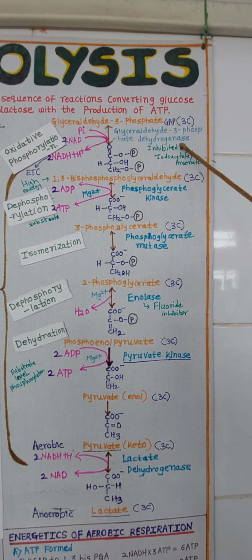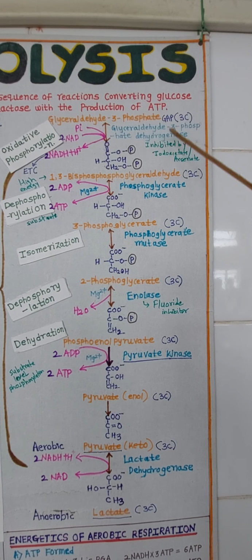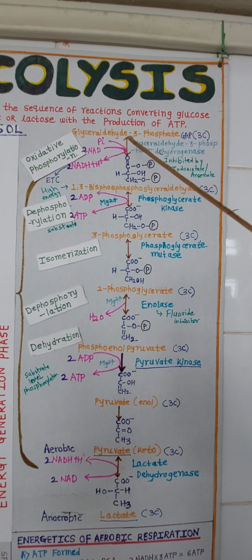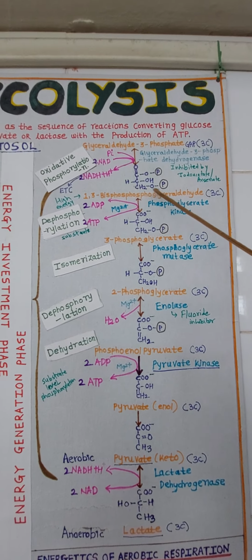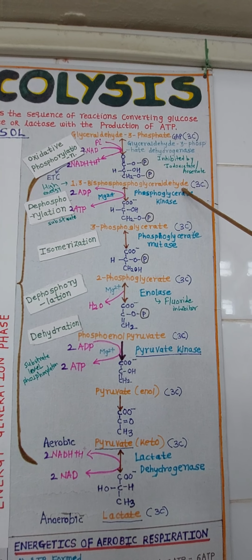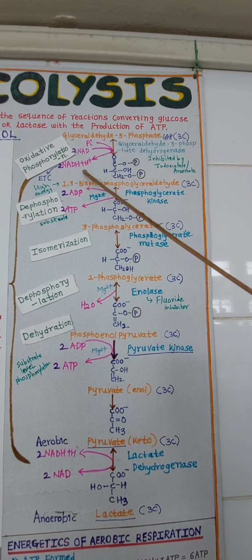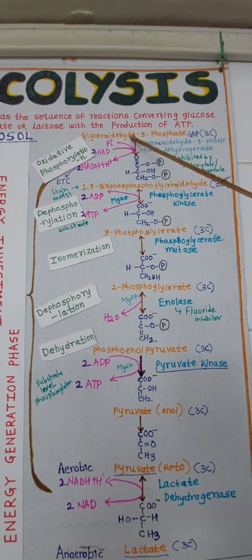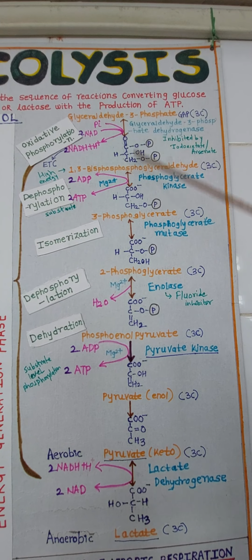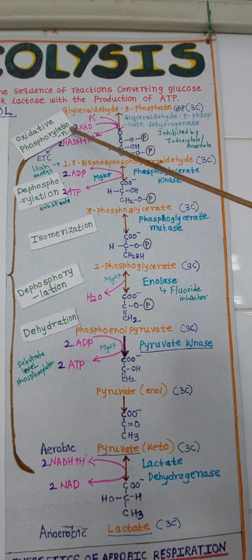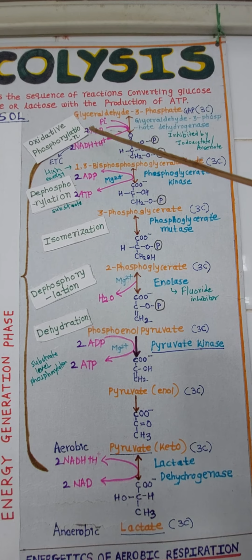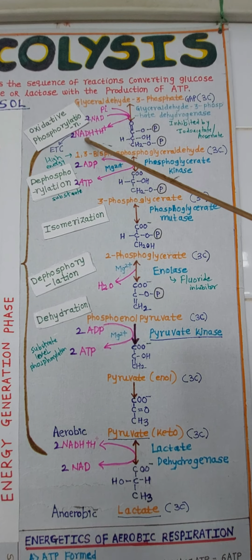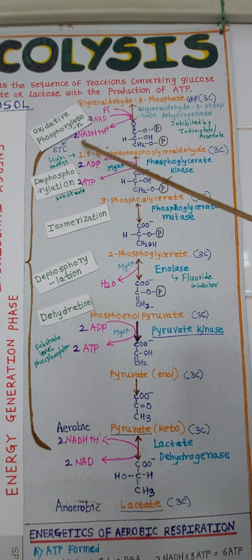Dehydrogenase is the enzyme because an oxidation reduction reaction is there, and glyceraldehyde 3-phosphate gets oxidized to 1,3-bisphosphoglycerate, and simultaneously NAD gets reduced to NADH plus H plus. NAD gets reduced and our glyceraldehyde gets oxidized, and simultaneously phosphorylation is there, and our first energy is generated here: the 2 NAD converted to 2 NADH, that is oxidative phosphorylation.